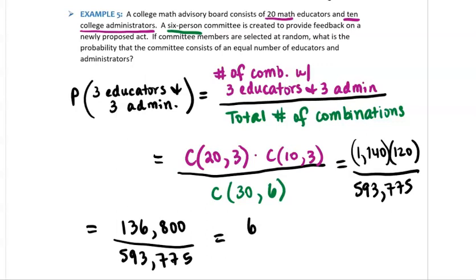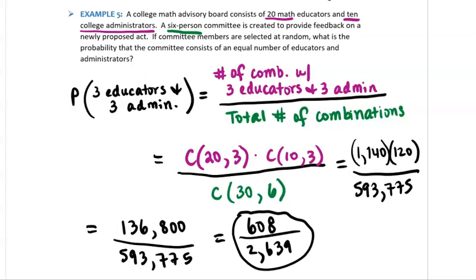This simplifies to 608 over 2,639. So that is the probability that if we randomly select 6 people, half end up being educators and half end up being administrators. This is approximately equal to 0.2304, or in other words, about 23%. This concludes example 5.